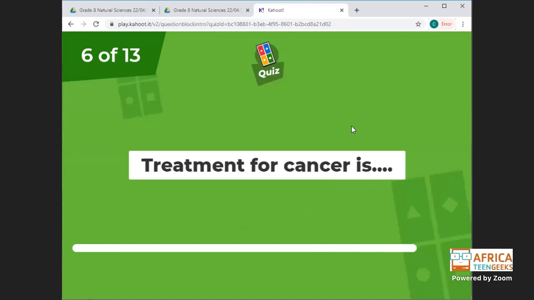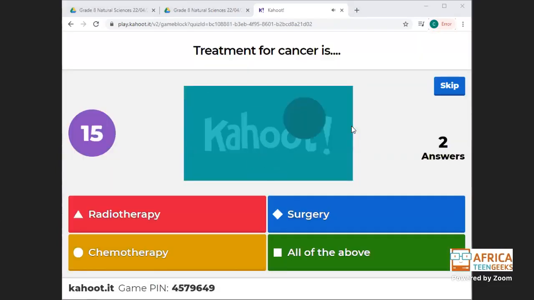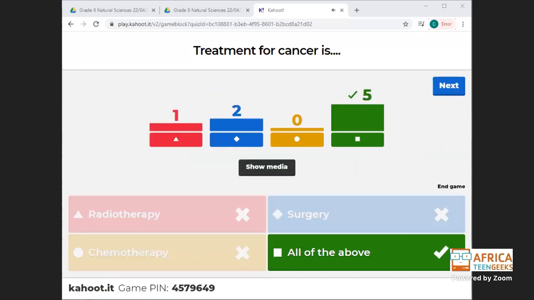Treatment for cancer: radiotherapy, chemotherapy, surgery, or all of the above. Yes, it is all of the above.